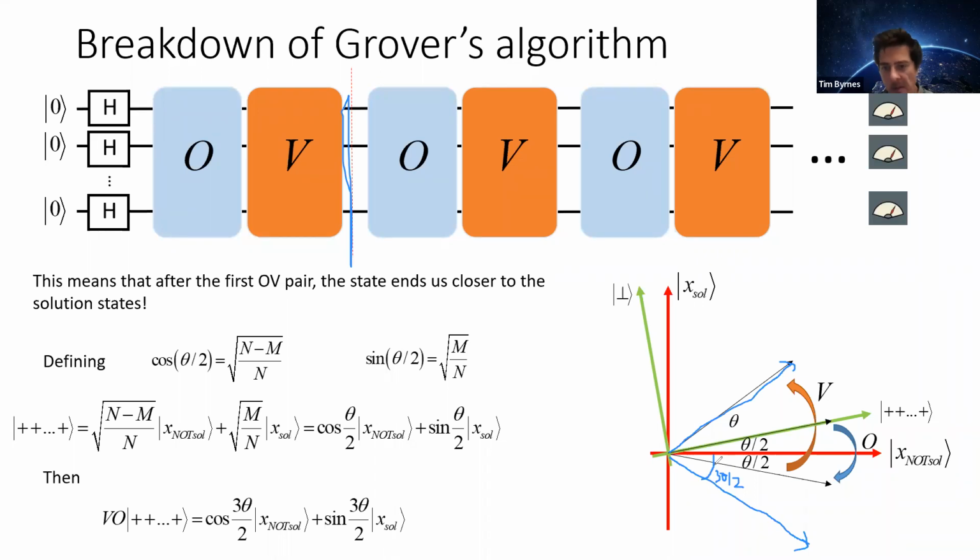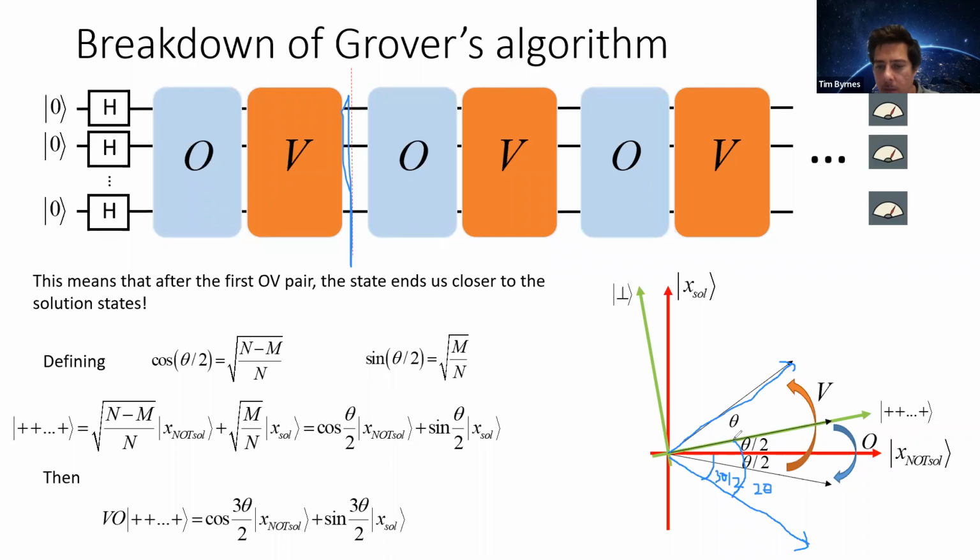Then the second V here is going to reflect this blue vector around, this time, this green axis here. And then the angle from here to here is 2 theta now, because it's 3 theta over 2 between the blue vector and this red axis, and then this angle here is theta over 2, so that's 2 theta.